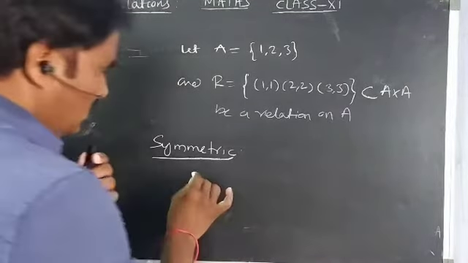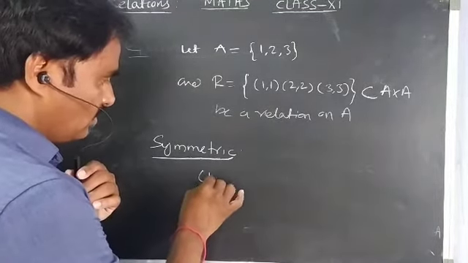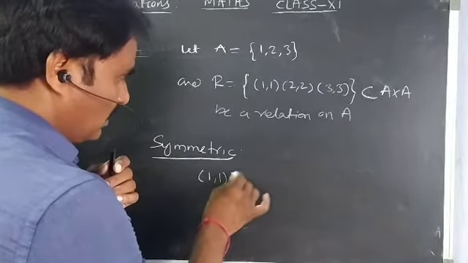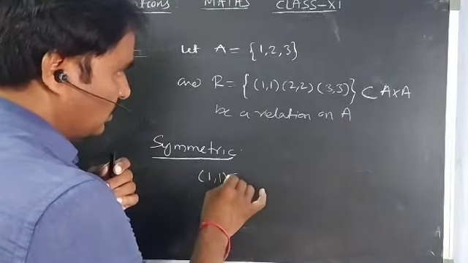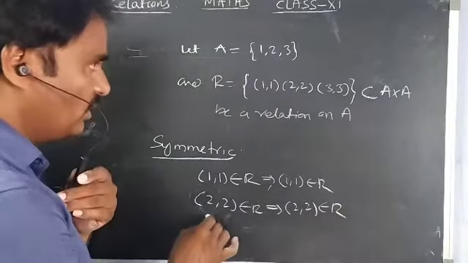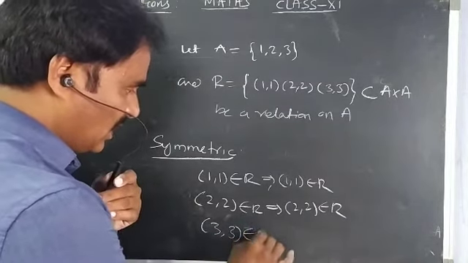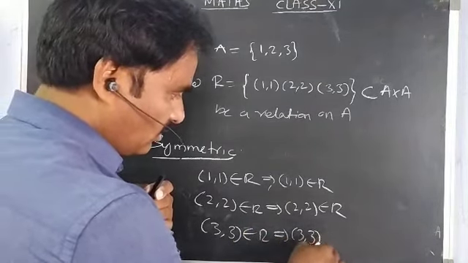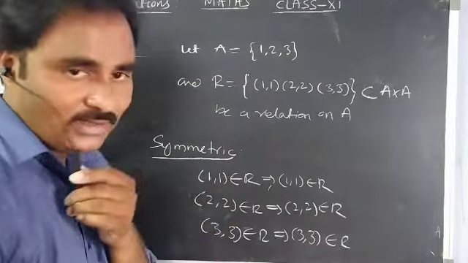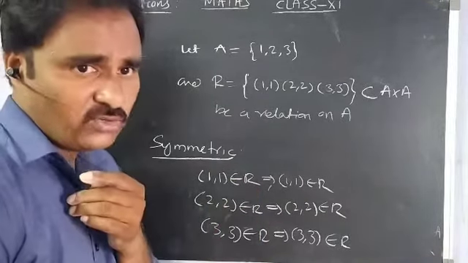I am taking (1,1) belongs to R. To prove symmetric, we take an ordered pair and interchange it. Interchanging (1,1), you will again get (1,1) belongs to R. Take (2,2) belongs to R, then interchange, again you will get (2,2) only. Similarly (3,3) belongs to R. See here, if the x coordinate and y coordinate are the same, then by interchanging you will again get the same pair.